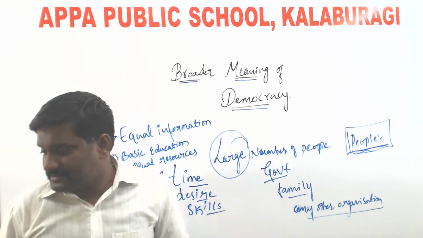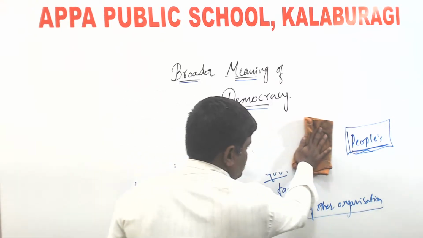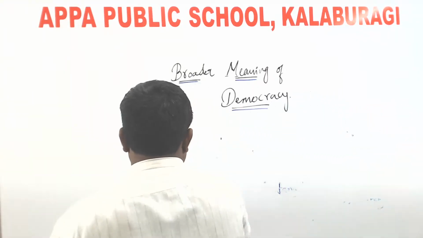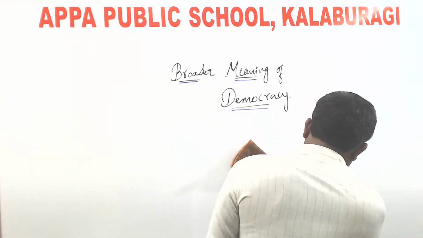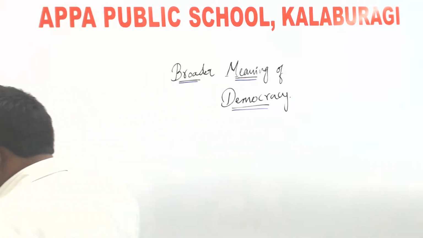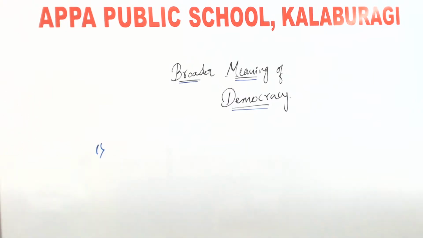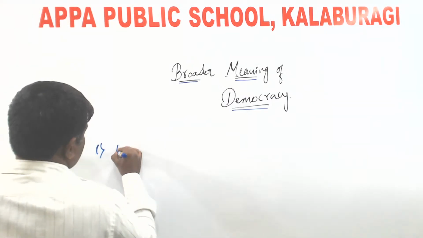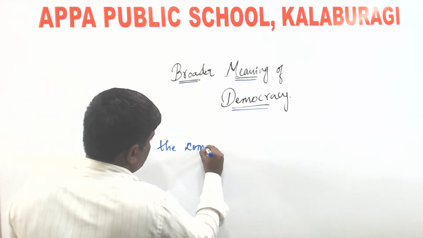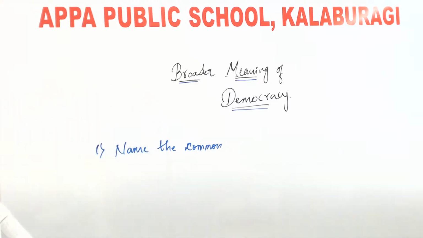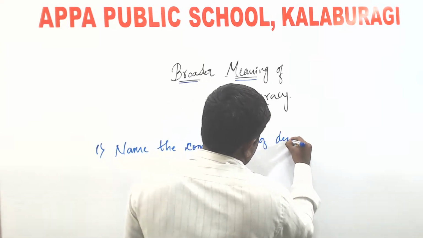Next, note down the homework. This is the democracy chapter. First question, name the common form of democracy.